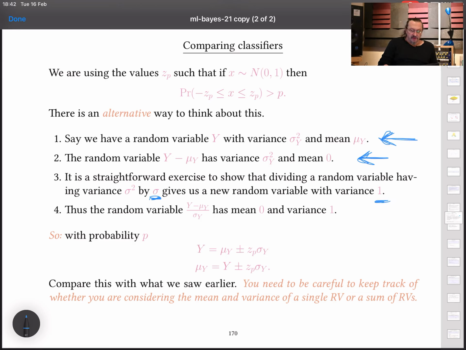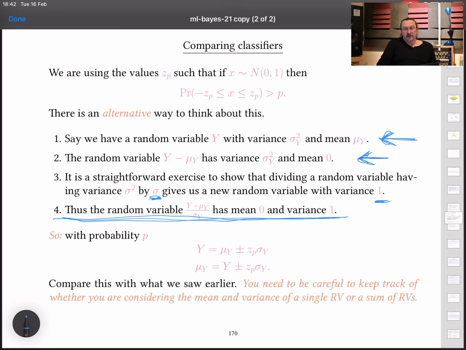Okay, so this is the important message. The random variable that you then renormalize by subtracting its mean and dividing by its standard deviation has a mean of 0 and a variance 1.